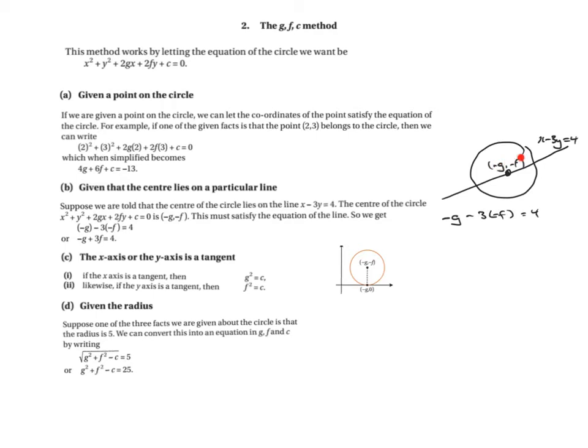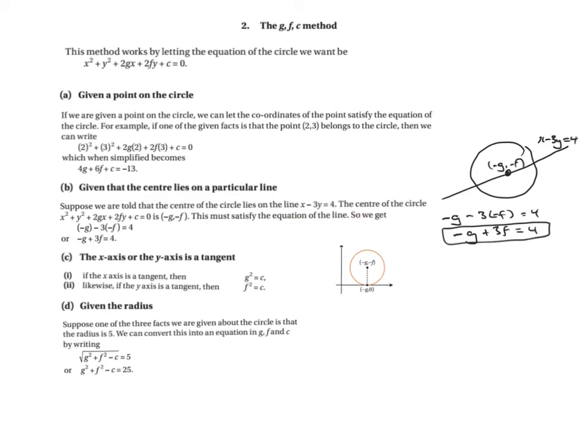Where I see an x, I can put minus g in because it's on the line, and my y value is minus f. So minus g minus 3 by minus f, tidy it up, and you get minus g plus 3f is equal to 4. And you can see what I have now is an equation in terms of g and f. That's pretty much explaining what's happening in this line here.